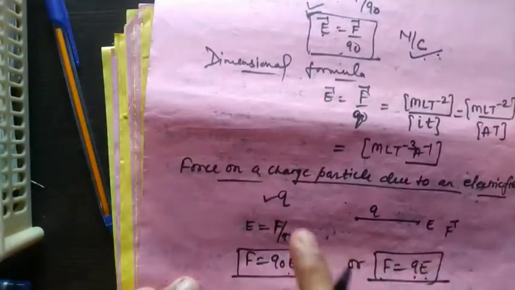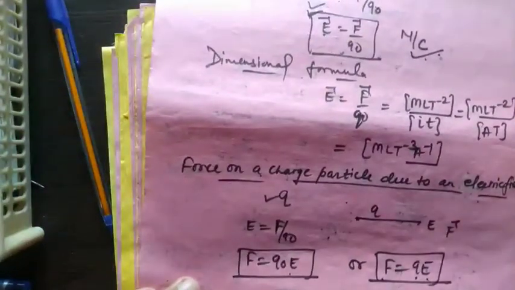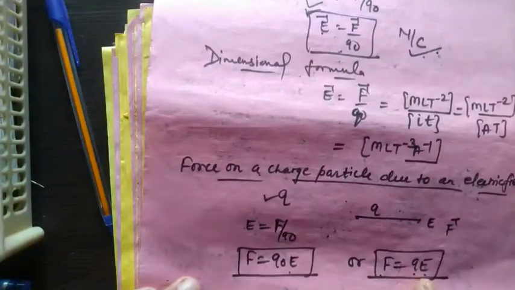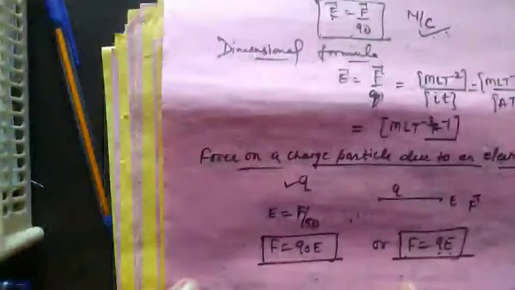If a charged particle is placed in an electric field, then the force acting on this charged particle is equal to the product of the charge and the electric field intensity, F equals QE.